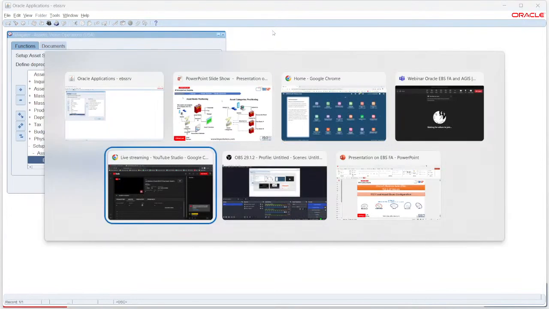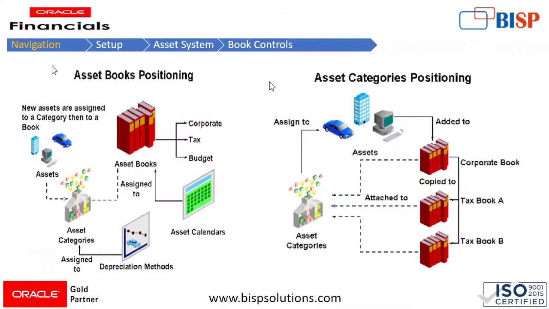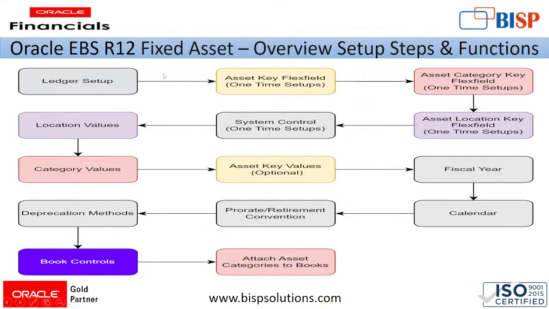Now, so we have done with the book control now. Now we have to attach the asset category to the book. Right? So this is the last step of our configuration.